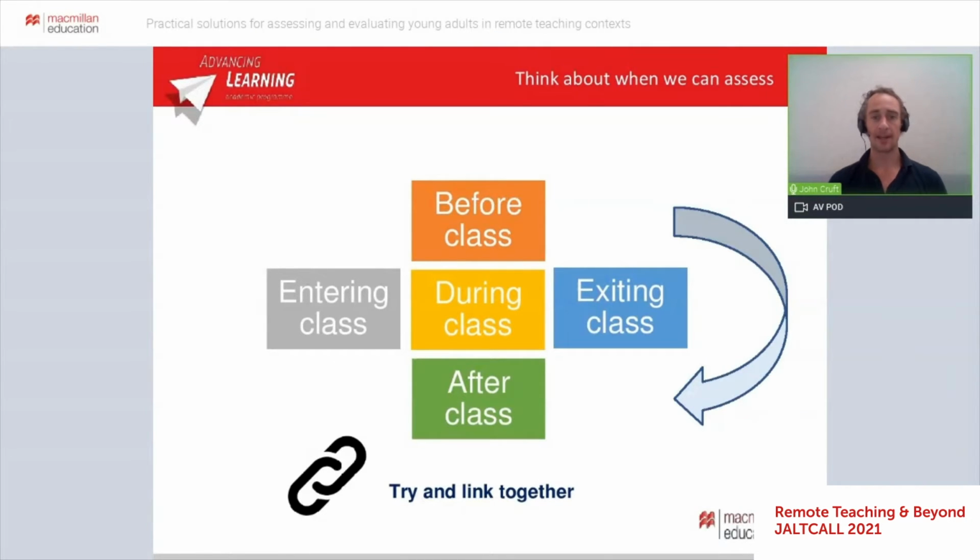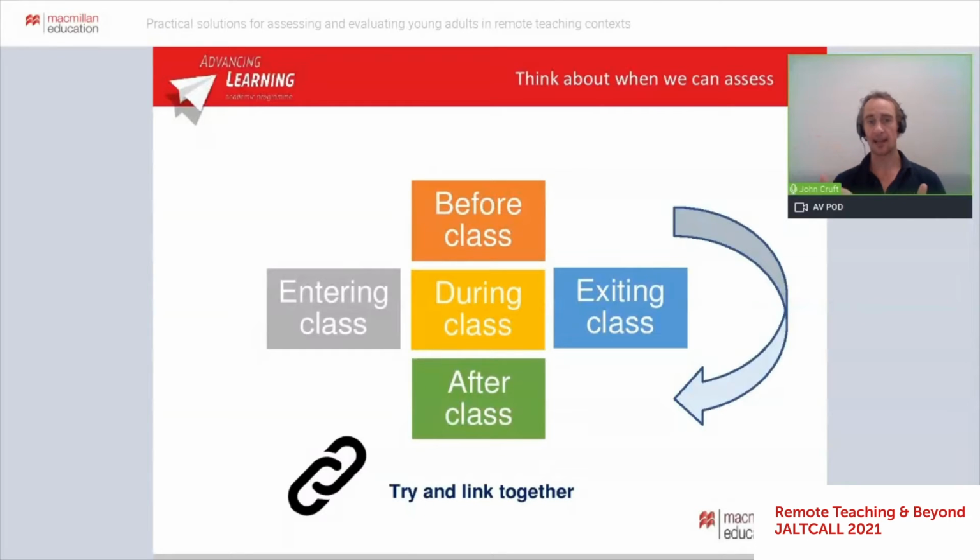So let's think about when we can assess. We can actually do that before class, when they're entering, during class, when they're exiting the class, and also after class. But the key here is to try and link these stages. Often now, most publishers like Macmillan Education, who I'm working for, will have our own online platforms for each course book, which come with an online workbook or online practice.